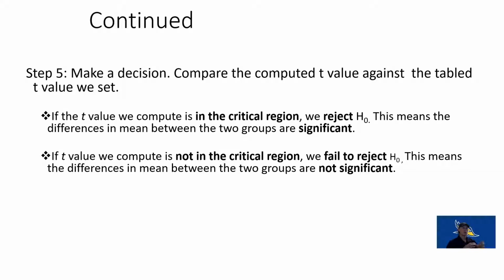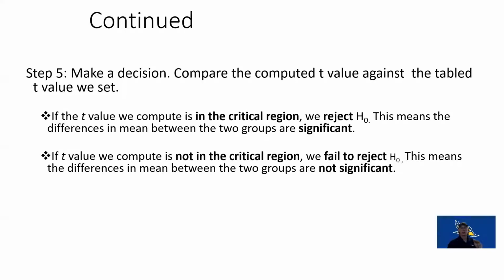If the t value is in the critical region, then we can reject the null hypothesis or say there is a significance. If the t value is not in the critical region, or not absolute value greater than the t statistic in the table, then we fail to reject the null hypothesis. So there's not a significant difference between groups in that case.